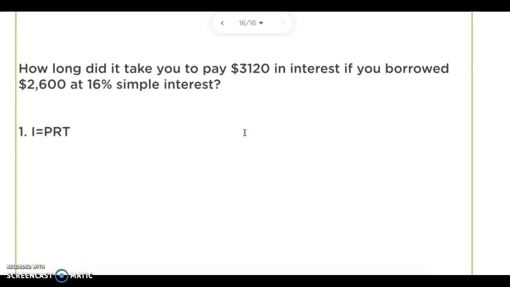Step number 2, identify the variables. How long will it take you to pay? It says 3120. That is our interest, so we know that's I. What else do we know? Our principal equals 2600.